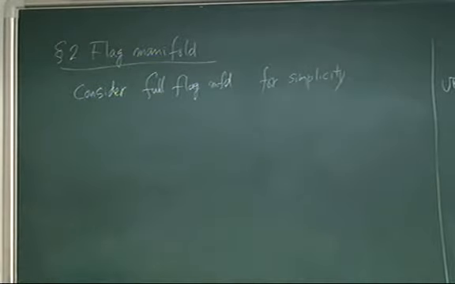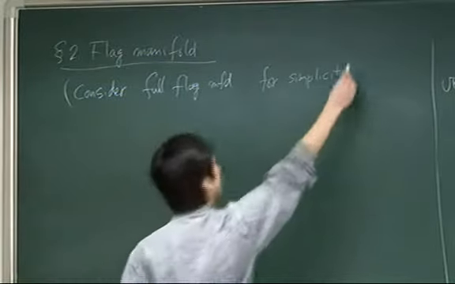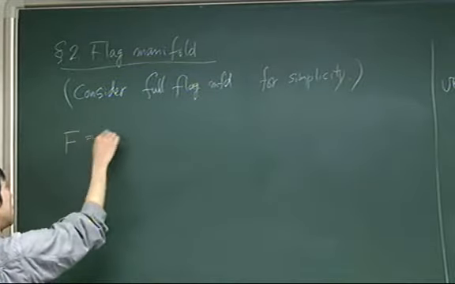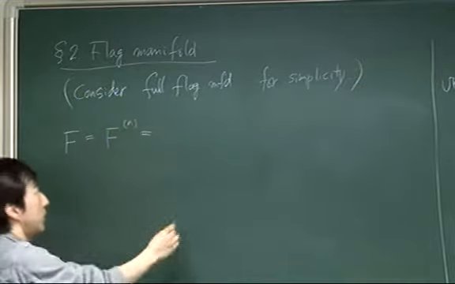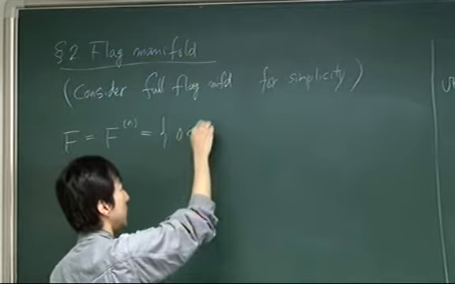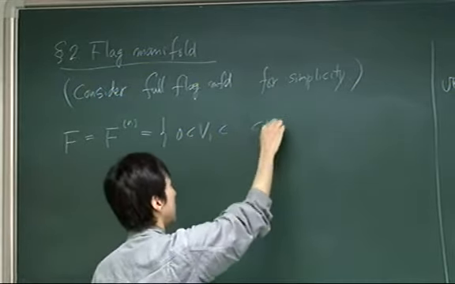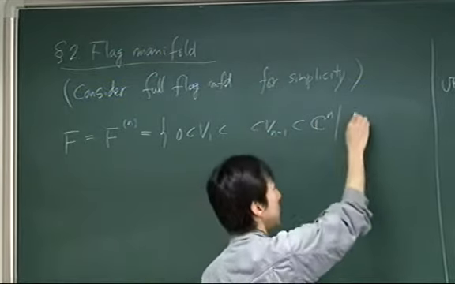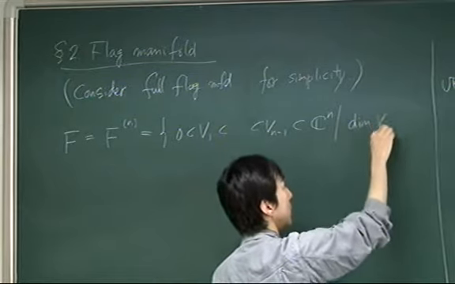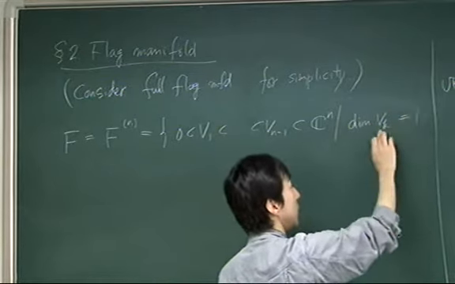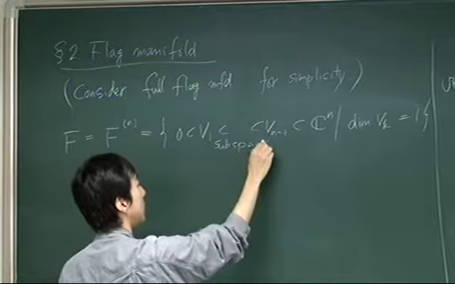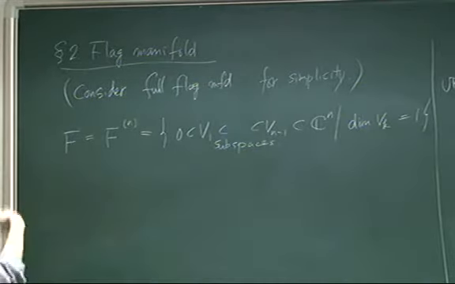We can easily extend the argument to all partial flag manifolds. A full flag manifold is a space of nested subspaces in a fixed vector space C^n, where the dimension decreases one by one.